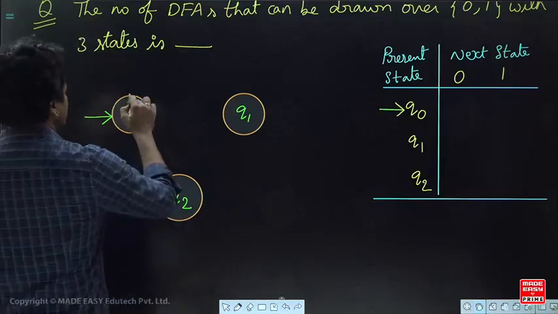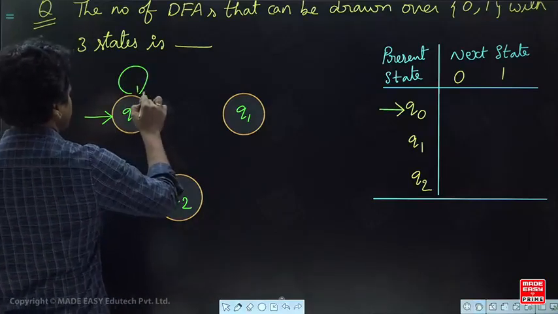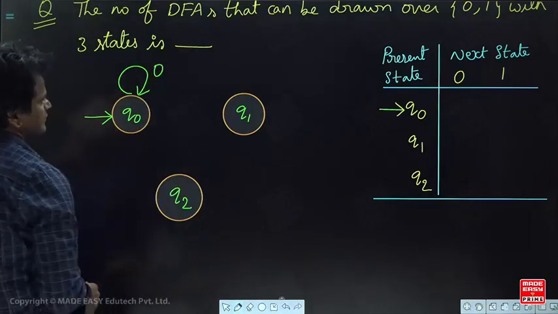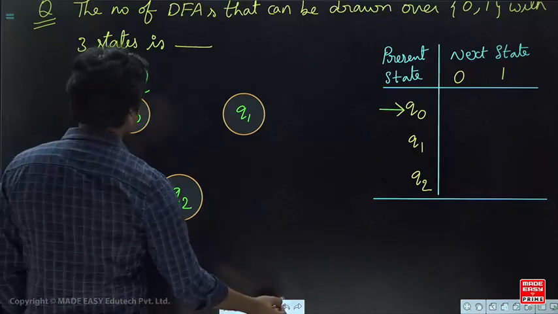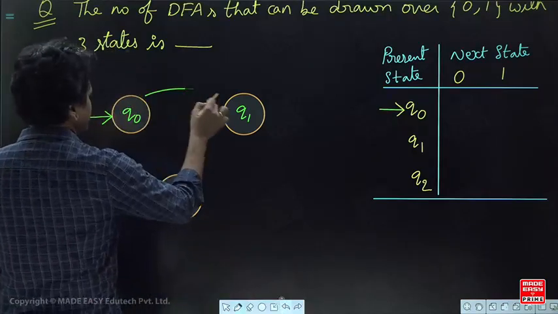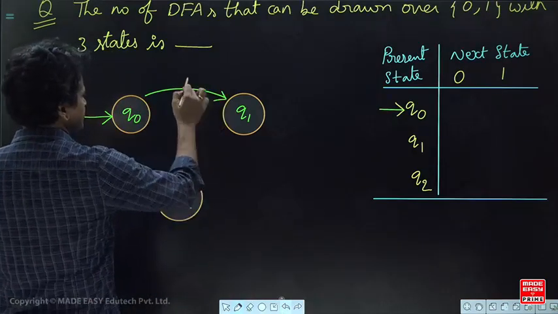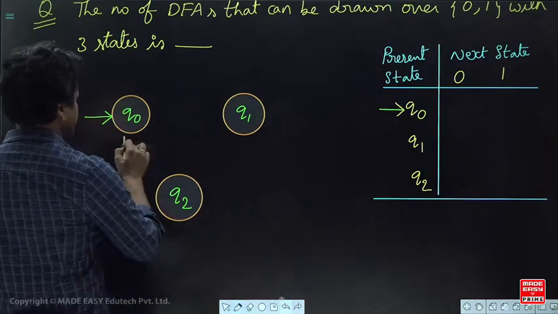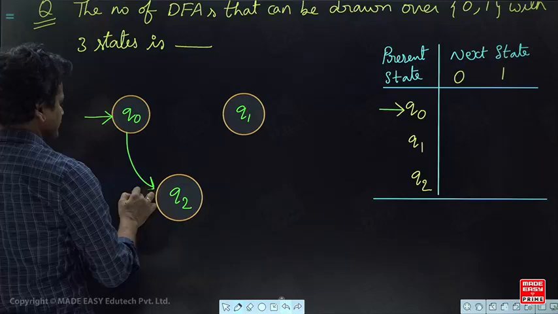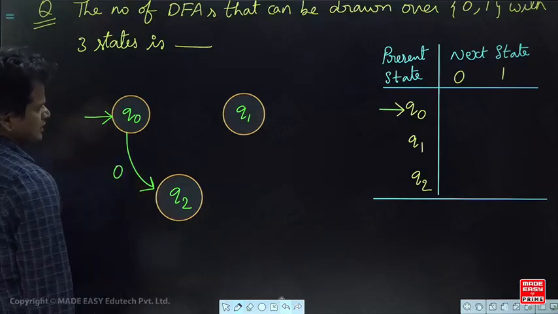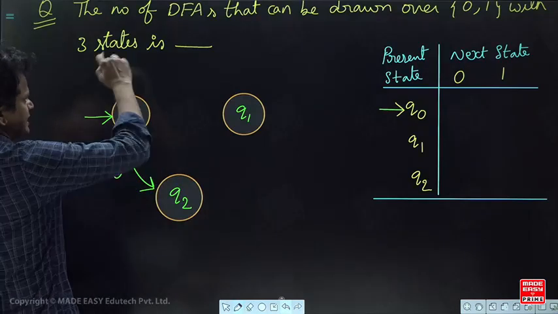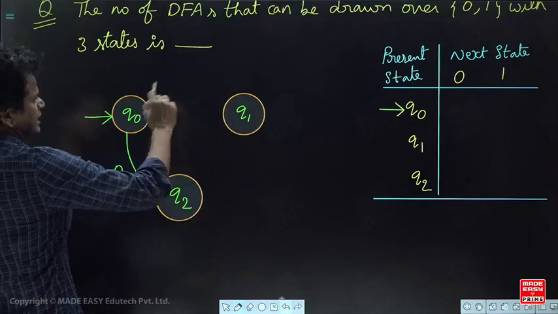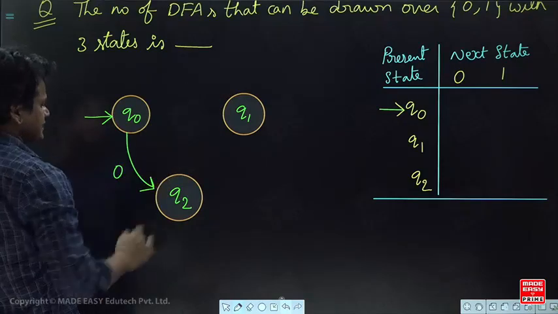So Q0 on 0, I can define like this, or I can define like this, or I can define like this.